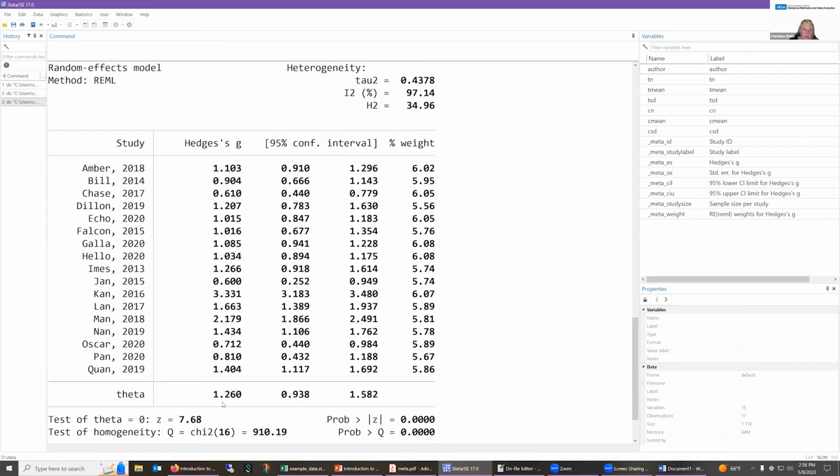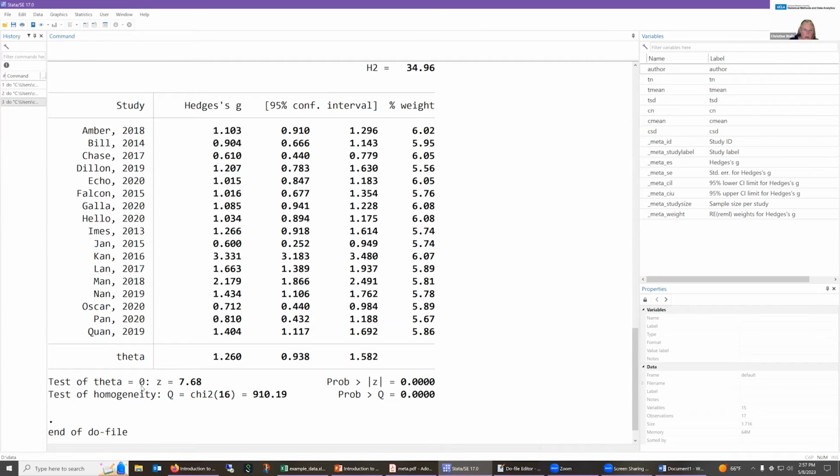This theta down here, this 1.260, is kind of your overall effect size. It's a weighted average of these things, weighted by this, right? So here is our theta and its confidence interval. If you want to know if theta equals 0, well, we're going to say no, it doesn't.